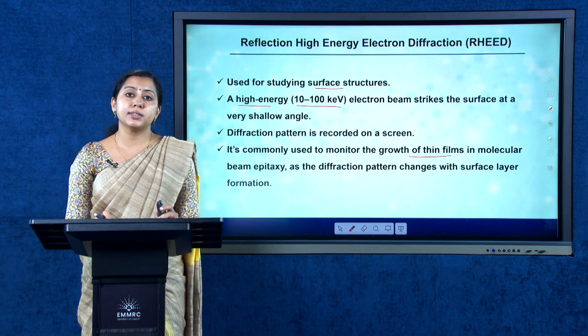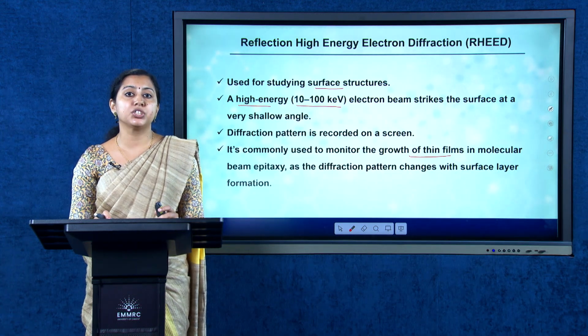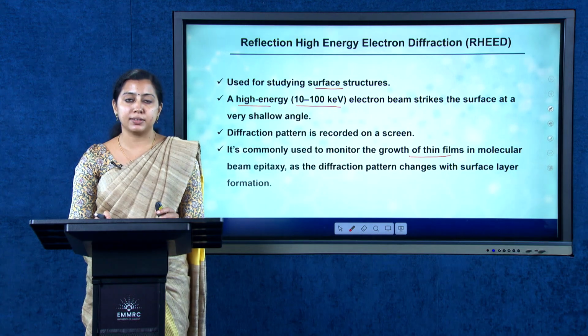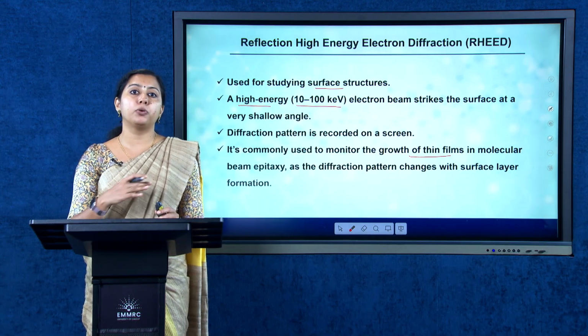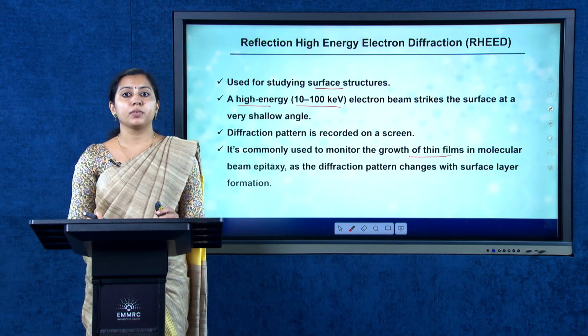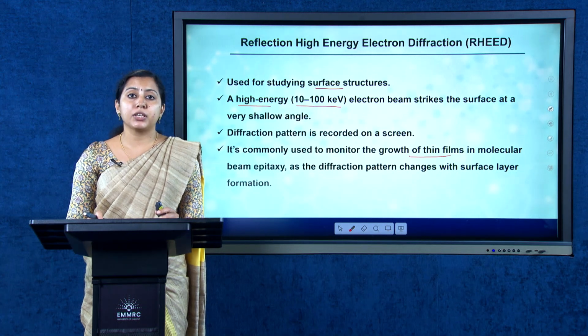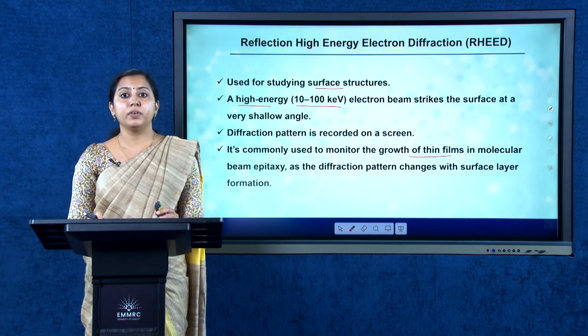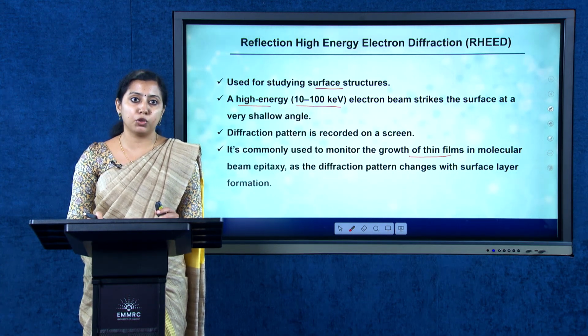So, this method, reflection high energy electron diffraction, is used for studying surface structures, especially to monitor the growth of thin films, because the diffraction pattern will change with changes in the surface layer formation.